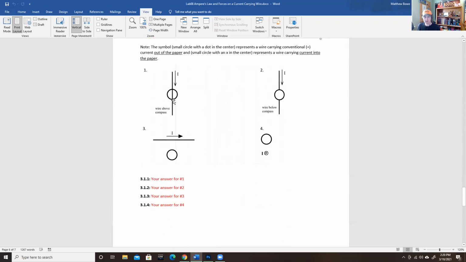Okay, so this first case is the wire on top of the compass. Second case over here, the compass is above the wire. And this one is to the side, a different orientation. The wire is going from our eye into the page, or into the table.